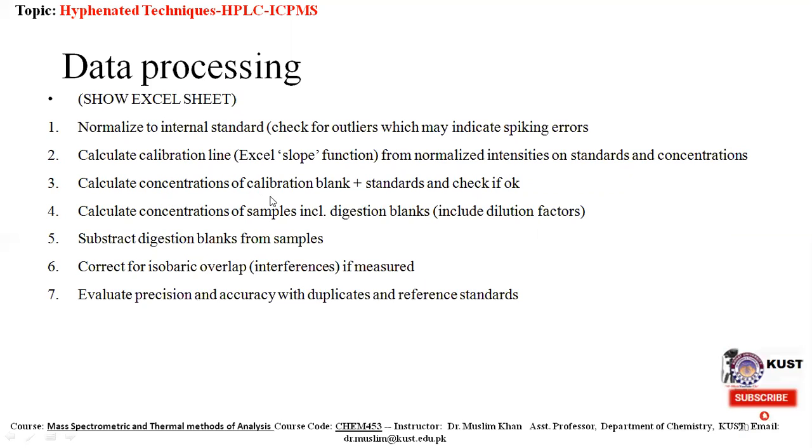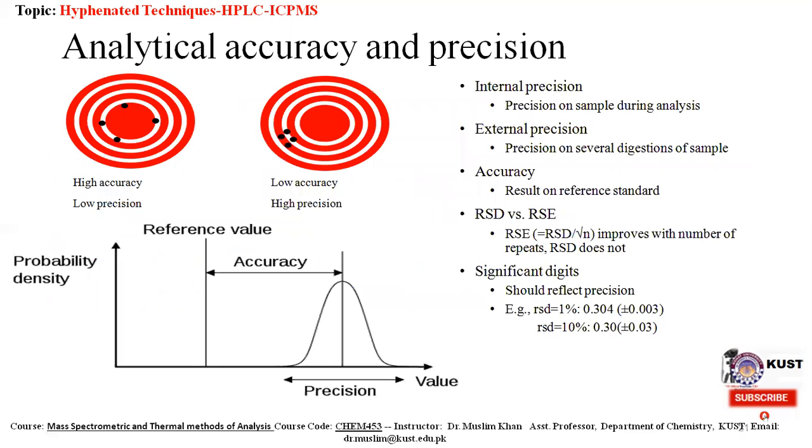Then calculate the concentration of the calibration blank plus standards and check if okay. Then calculate the concentration of the sample including digestion blanks and dilution factor, subtract digestion blanks from your sample, and correct for isobaric or polyatomic interference if measured. Evaluate precision and accuracy with duplicates and reference standard. These are the steps usually followed while processing the data.